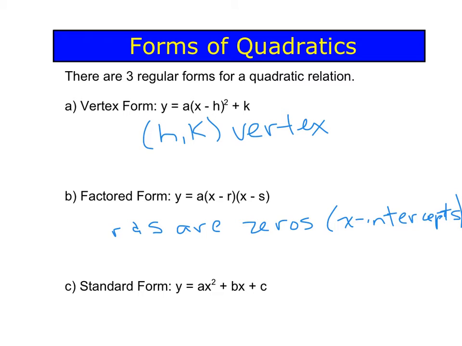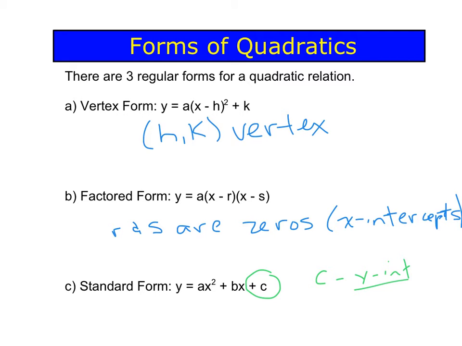Standard form kind of doesn't give us a whole lot. The c value, c is the y-intercept. Okay, so straight away you can say the initial value, or if you're talking about an application question, like the ball was thrown from whatever number c is, that's the height the ball was thrown from.